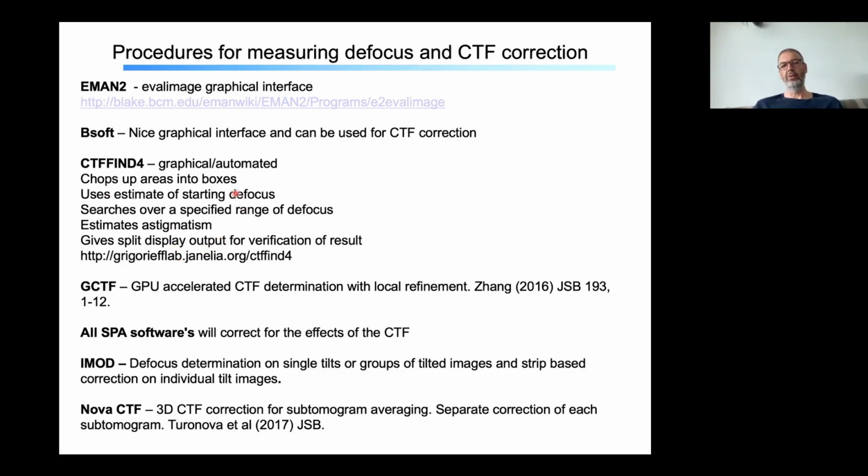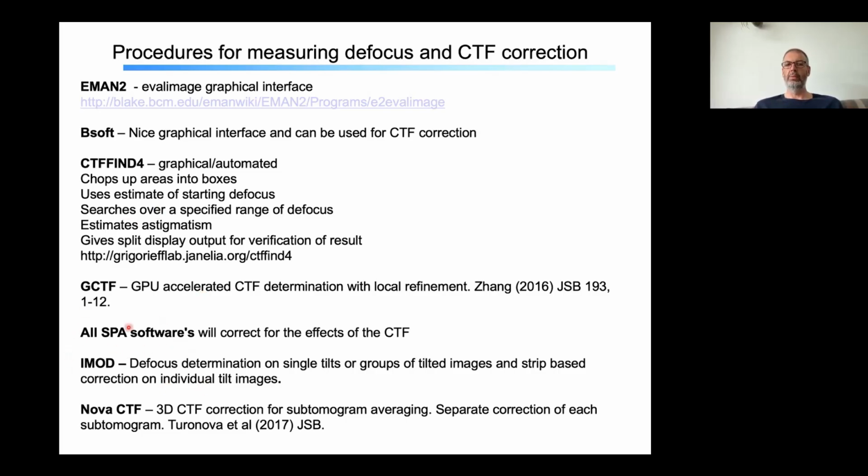It takes your images, chops them up into boxes, and tries to estimate the defocus, over a certain range that you tell it. It'll estimate something else called the astigmatism, which we'll go into in a second, and it produces some nice graphical output for you to look at. GCTF is also another very popular program for CTF determination, which does very similar things to CTFFIND4.